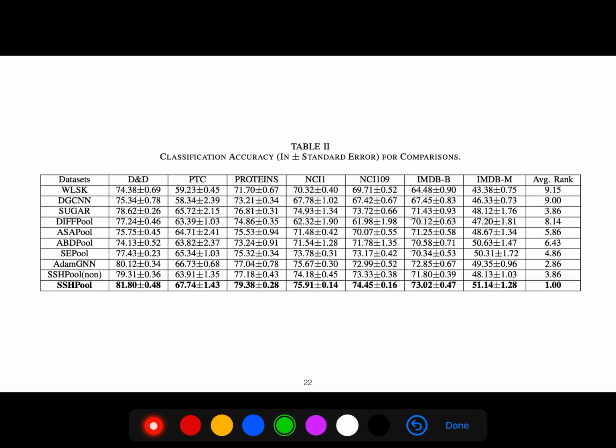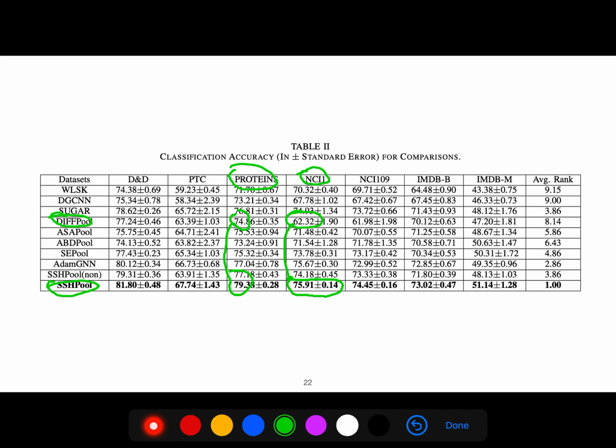So they compare different models on different datasets. For example, if you compare DiffPool, which is very popular, with SSHPool for NCI1, you will see that from 62%, they could improve their model to 75, which is very good. Another one, let's say PROTEINS, from 74, they improved it to 79.